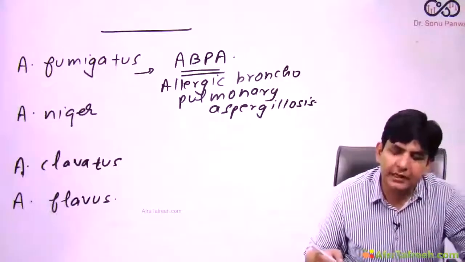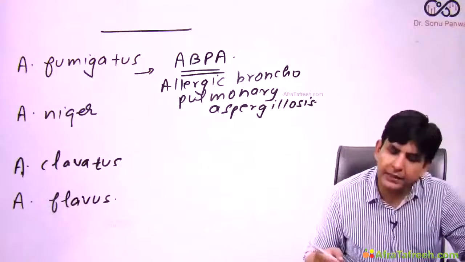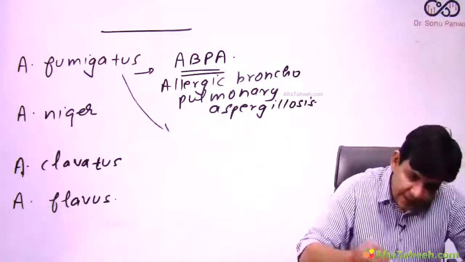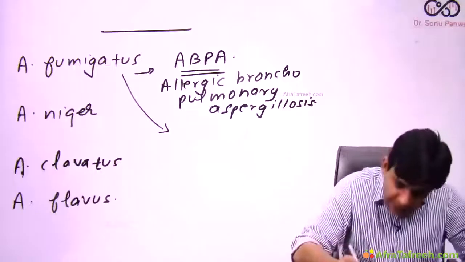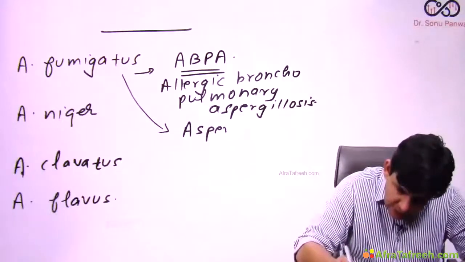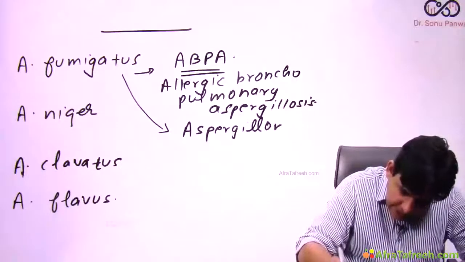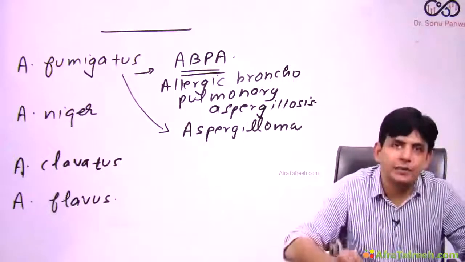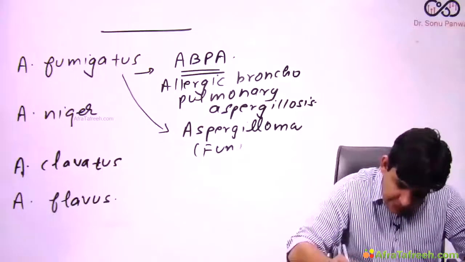Allergic bronchopulmonary aspergillosis is caused by fumigatus, and fumigatus is also related with aspergilloma. And what is aspergilloma? That is the fungal balls.